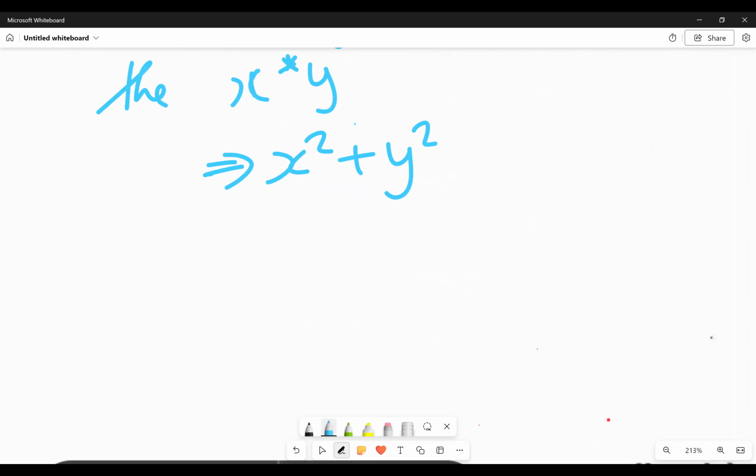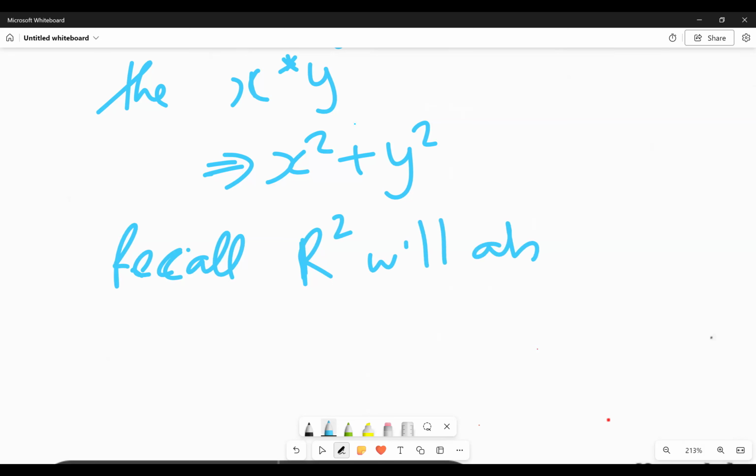Now we just need to tell them, recall, the square of a real number will always be real.